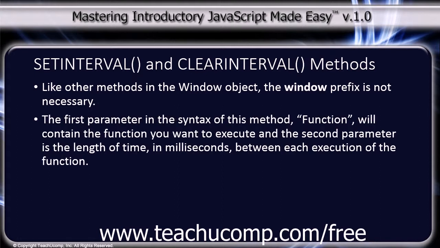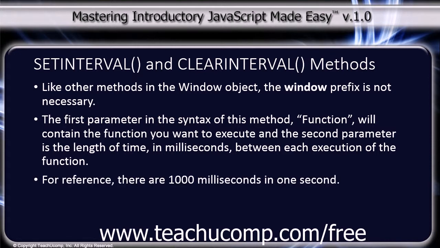The first parameter in the syntax of this method will contain the JavaScript function you want to execute, and the second parameter is the length of time, in milliseconds, between each execution of the function. For reference, there are 1,000 milliseconds in 1 second.